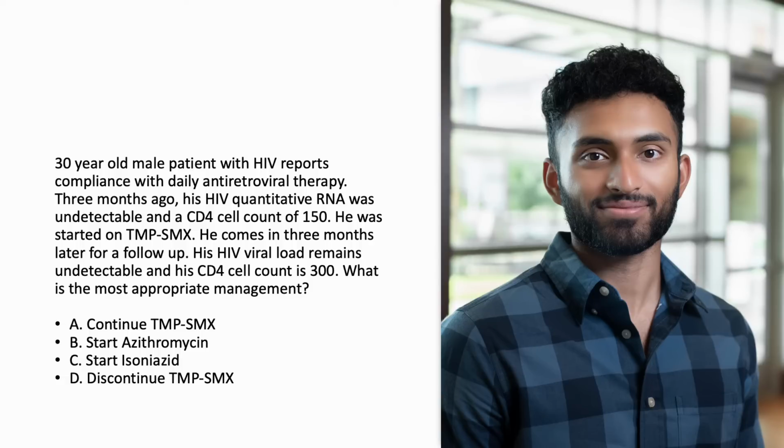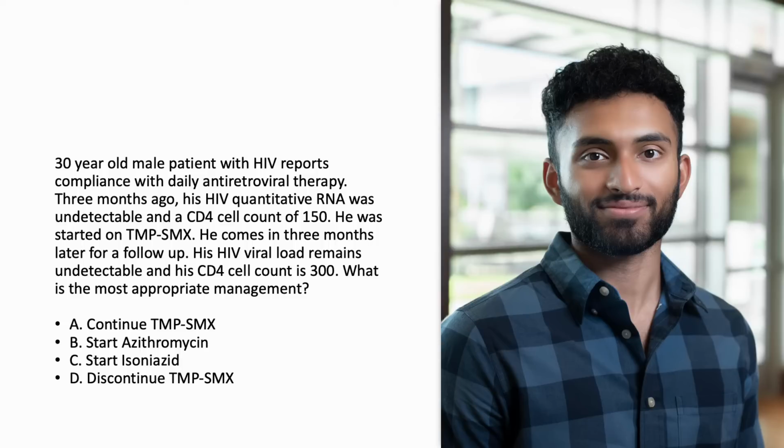He comes in 3 months later for a follow-up. His HIV viral load remains undetectable and his CD4 count increased to 300. What is the most appropriate management? Continue Bactrim, start azithromycin, start isoniazid, or discontinue Bactrim.